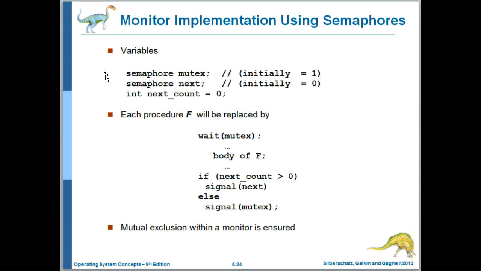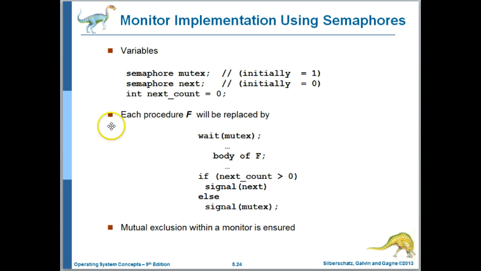Mutex here is used to ensure that only one monitor method is executing at a time. And as we'll see, next here is used to suspend a process within the monitor for situations in which the process is not waiting on a specific condition variable.